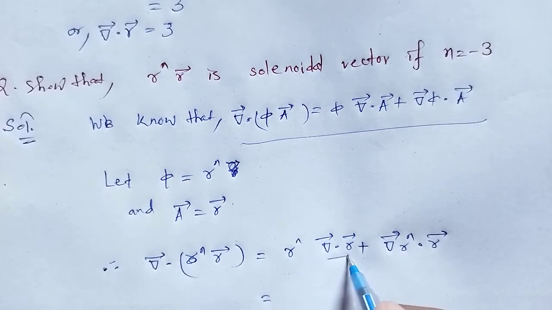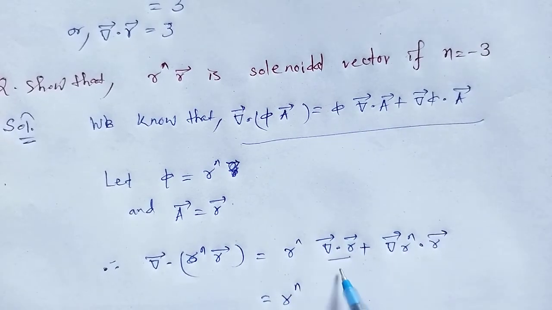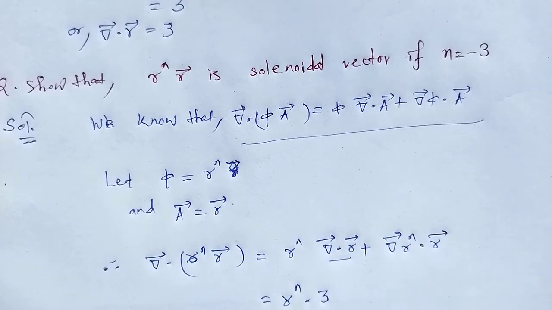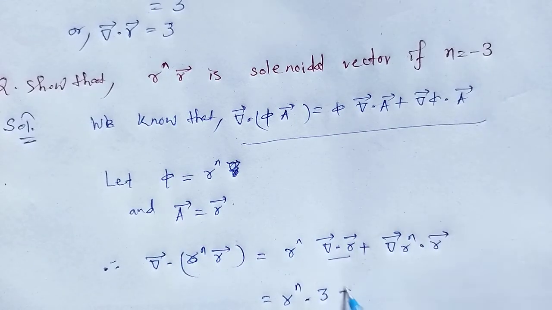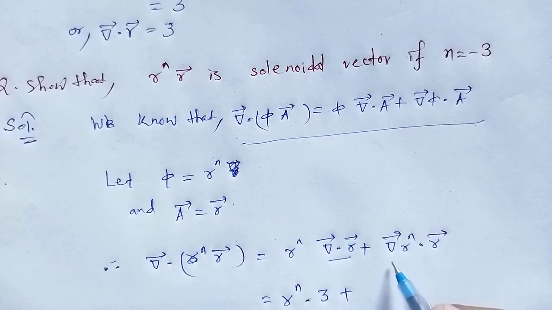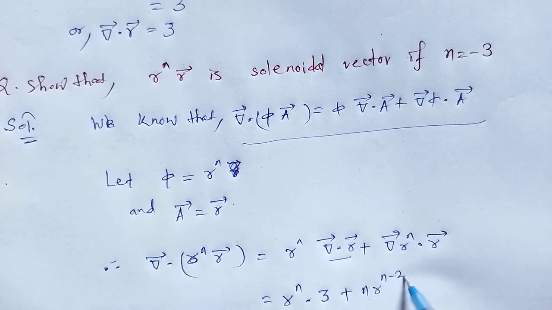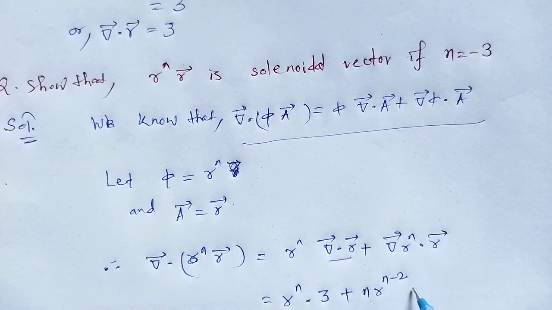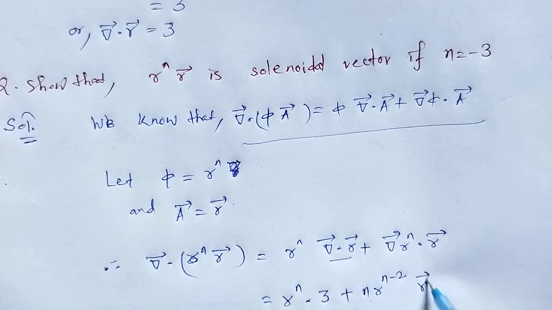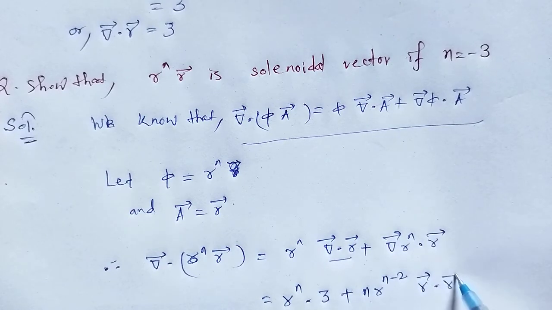As we know, grad dot R is equal to 3. R to the power n, in place of grad dot R we can write 3, as previously we proved grad dot R is equal to 3, plus grad R to the power n, that is n R to the power n minus 2 R vector dot R vector.